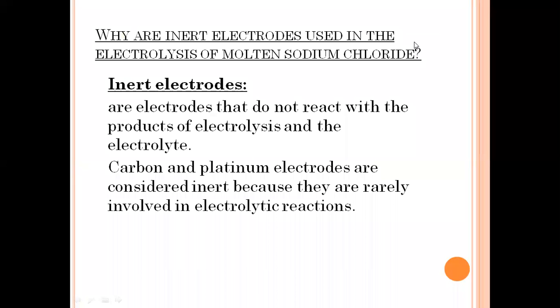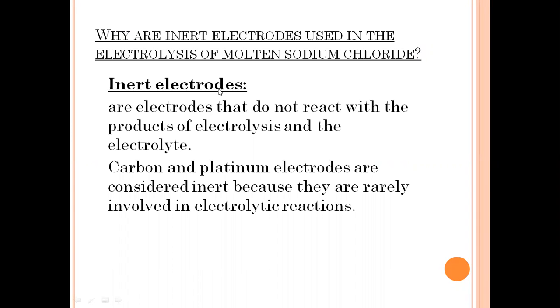So after this, why do we use inert electrodes during electrolysis? Because inert electrodes do not react with the products of electrolysis and the electrolyte. If we use non-inert electrodes, then what happens?